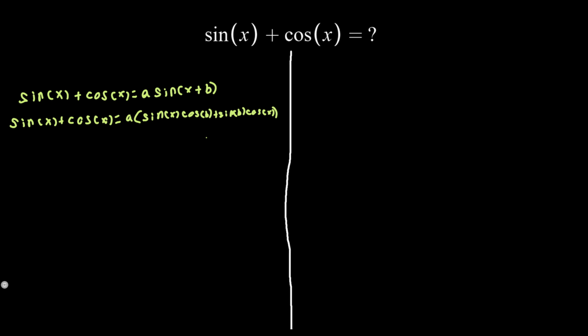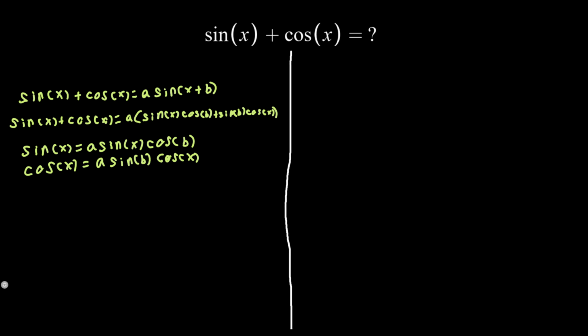And here I'm going to expand a and make the equations. So we have sine of x and cosine of x in both sides. We could rewrite this as sine of x is equal to a sine of x cosine of b, and cosine of x is equal to a sine of b cosine of x.